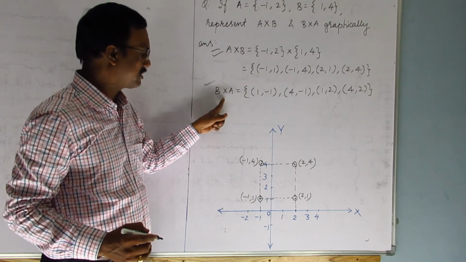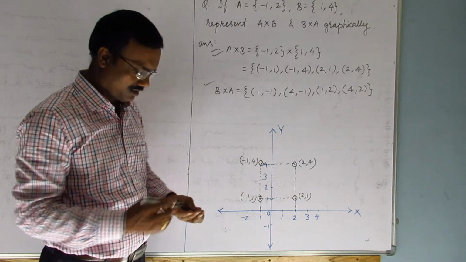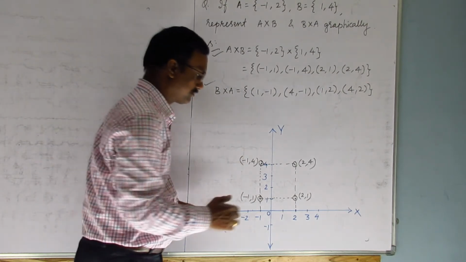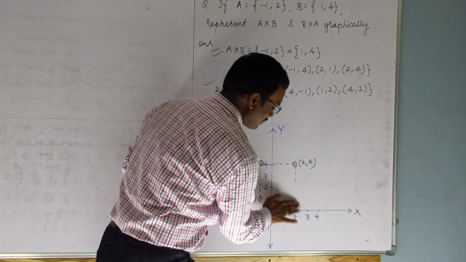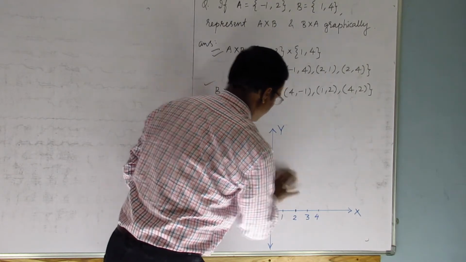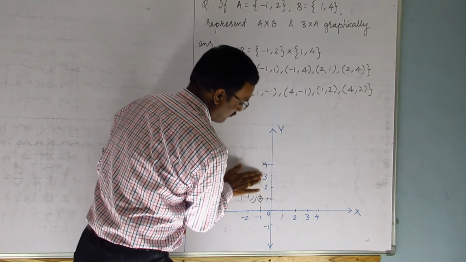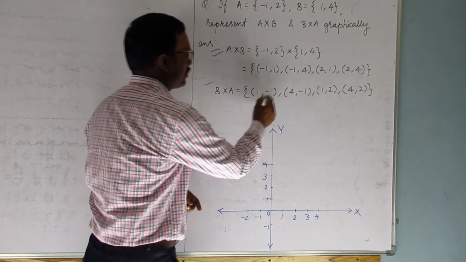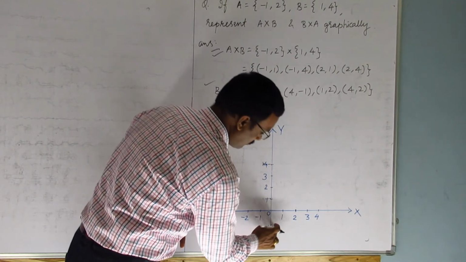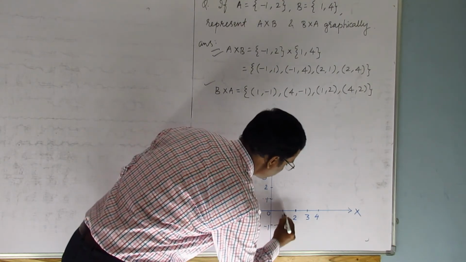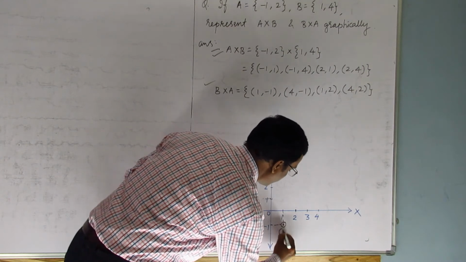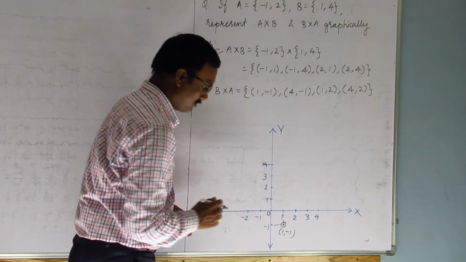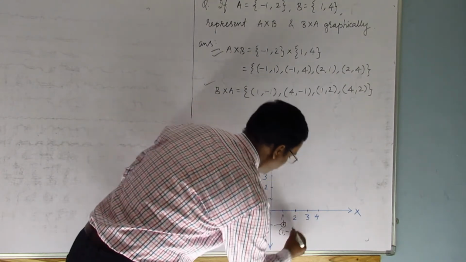Now for B cross A, (1, -1), for that we will rub these points first, and then we will clearly show the points from the Cartesian product B cross A. So (1, -1): x coordinate 1, y coordinate -1. So this is the first point. Then (4, -1): x coordinate 4, y coordinate -1.